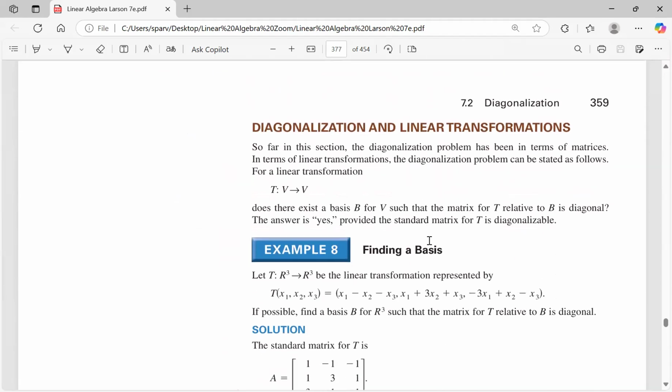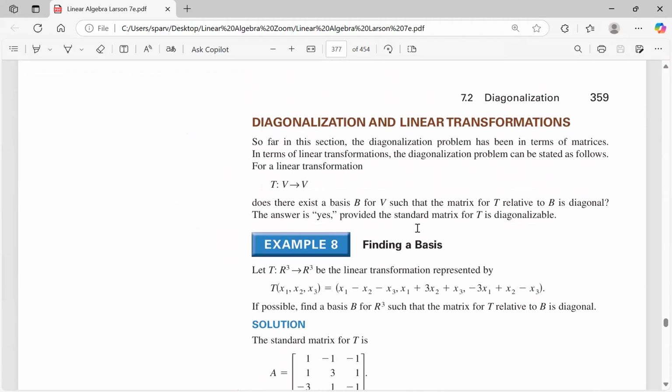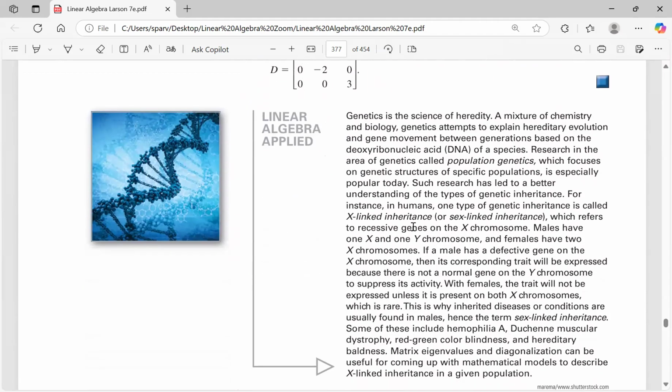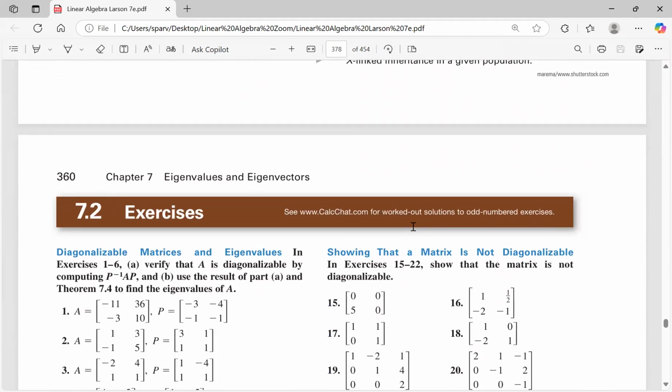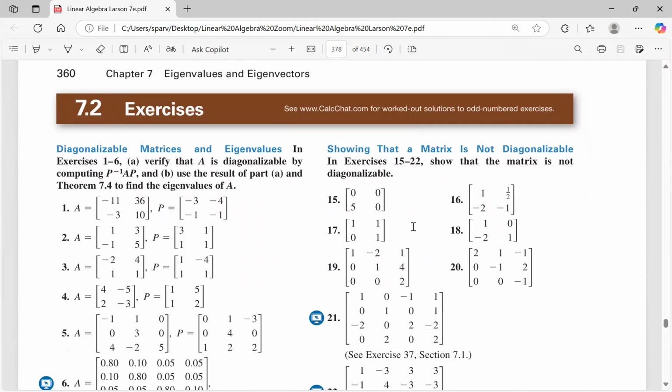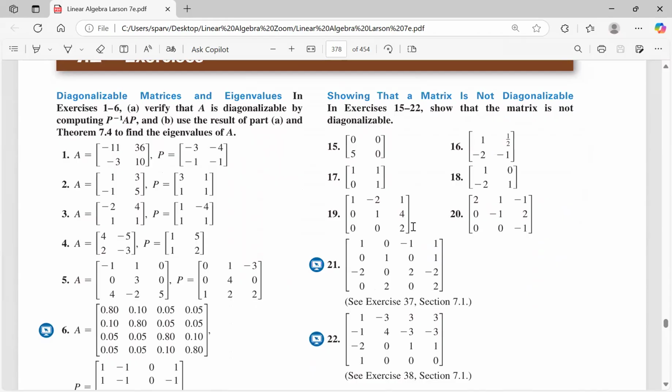Let me go to this one. Linear transformation. Actually, let me skip that part. And, oh, cool. So we reached the exercises. Now, I want to tell you something here that I didn't see in this section, but this is true.